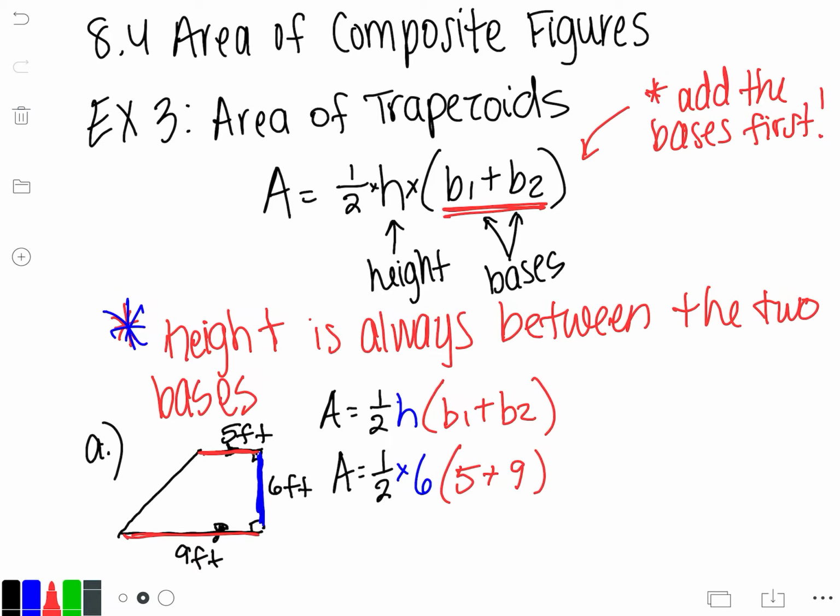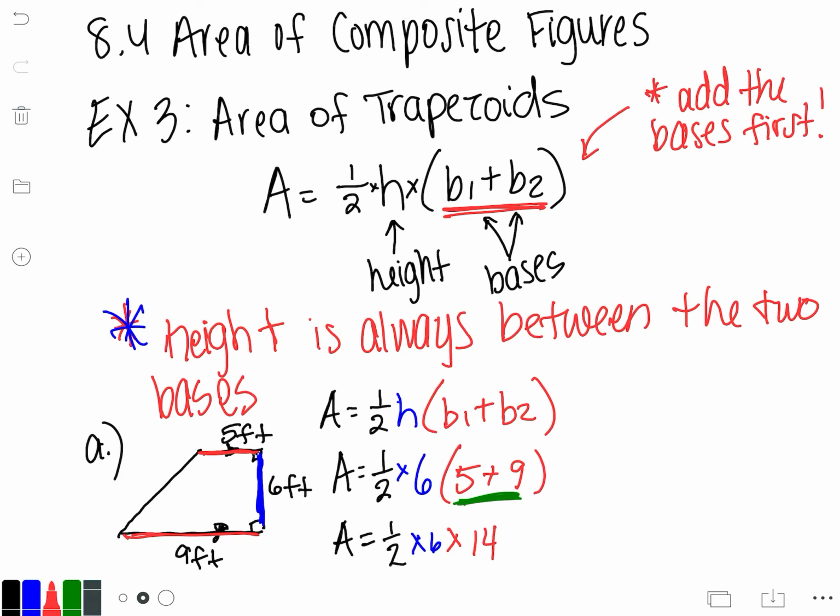But your next step that you absolutely have to do, I'll use green, is perform what's in parentheses. So you need to do 9 plus 5, which is 14. So now you have 1/2 times 6 times 14. Remember, if there's anything in parentheses and no sign, it becomes multiplication.